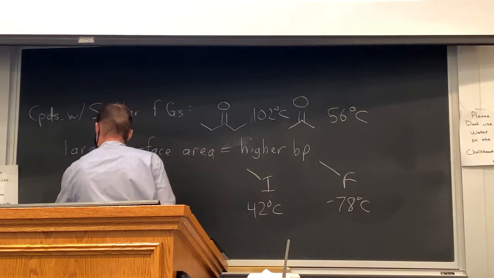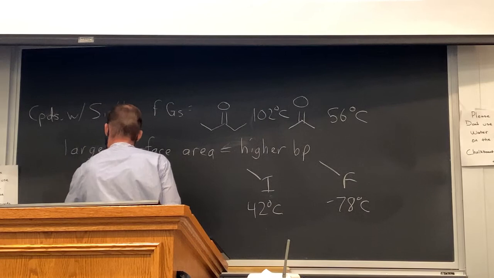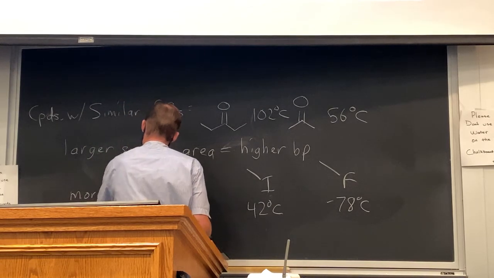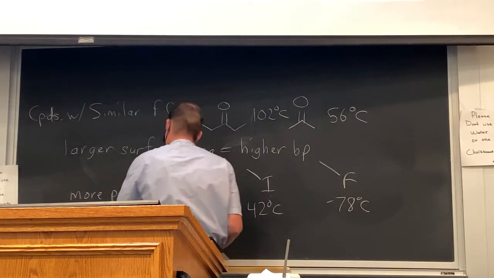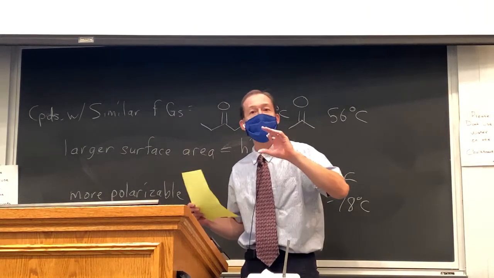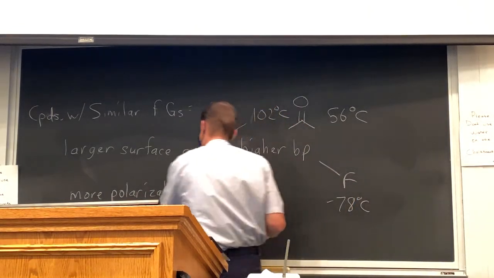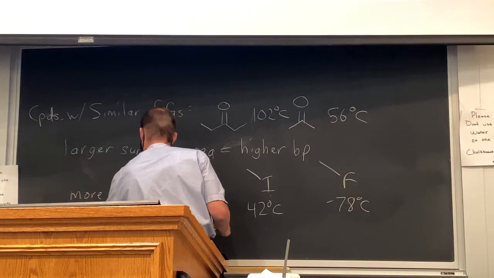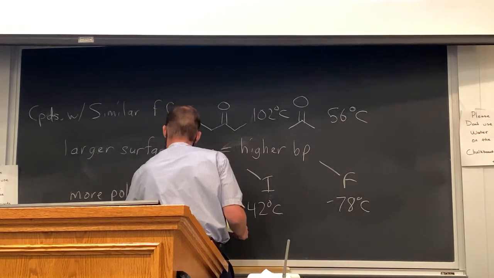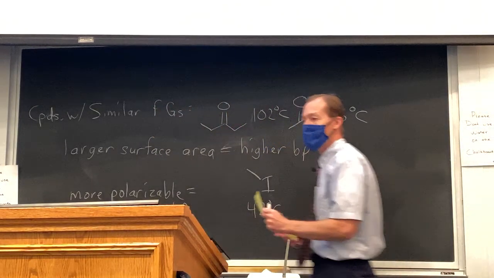So the more polarizable, this happens if we're comparing two compounds and the atoms that are different are in the same column. The more polarizable one is going to have the higher boiling point, okay?